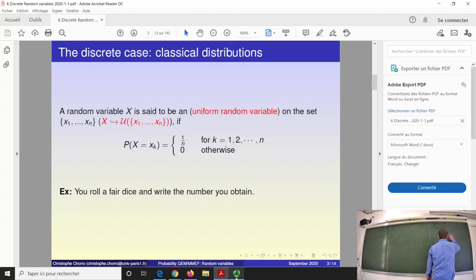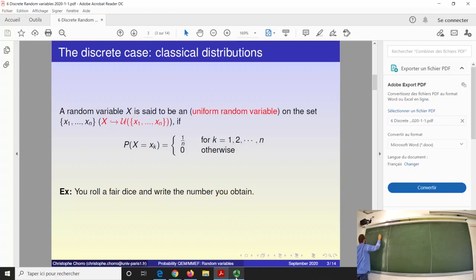So we have already seen such a situation in previous sessions. If I roll a fair classical dice, as written in the slides here, what do you obtain? So I roll, you roll a fair classical dice.